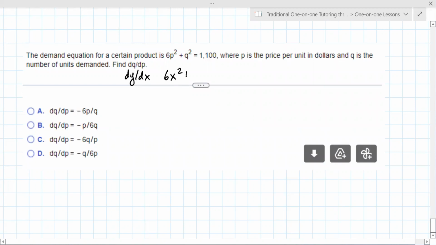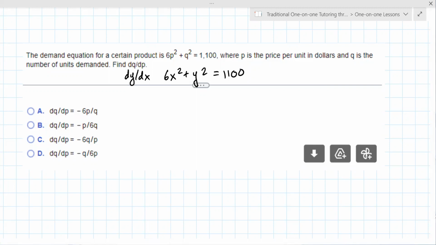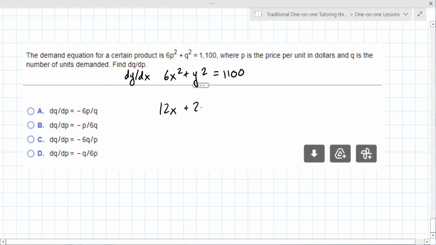So this is 6x squared plus y squared equals 1100. Q is really y, p is really x, and then you just take your derivative the way you normally do, 2y dy/dx, which is really dq/dp, and then you solve it for dy/dx. So dy/dx equals minus 12x over 2y, which is minus 6x over y.